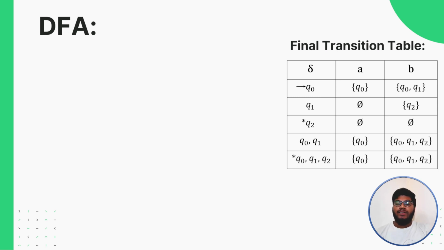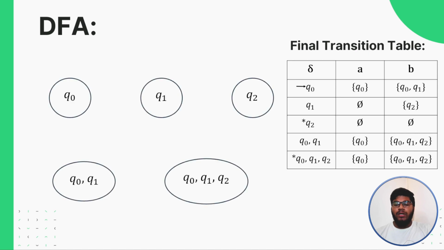From the transition table we can see that there are 5 states: q0, q1, q2, q0 comma q1, and q0 comma q1 comma q2. We enclose these five states within circles. q0 is the starting state, so we take q0 as the starting state, and q2 is the final state, so we enclose it within two circles.